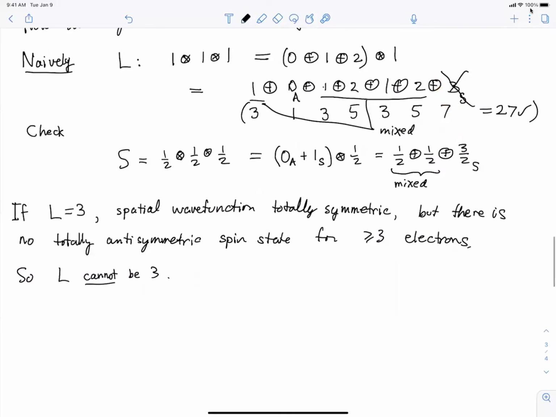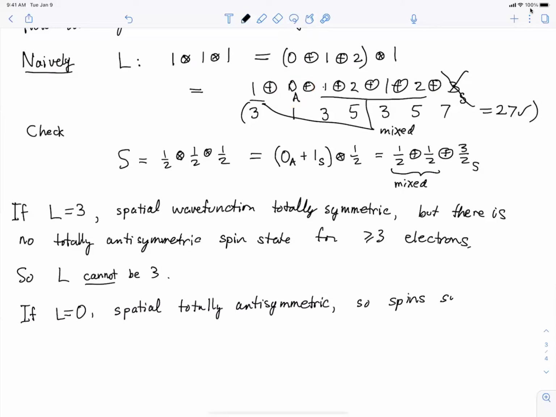Okay, let's look at what happens if L equals 0. L equals 0 is that one, which is anti-symmetric. So if L equals 0, then the spatial part of the wave function is totally anti-symmetric, which means the spin part better be totally symmetric. So spins symmetric. And so that means that S has to be 3/2.